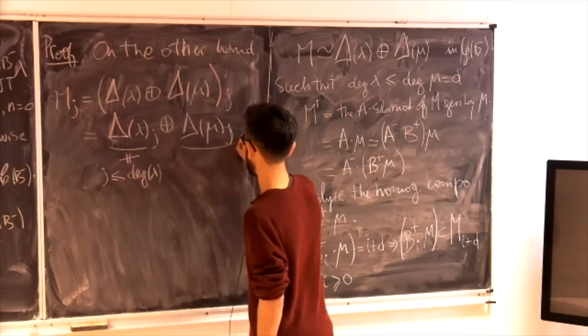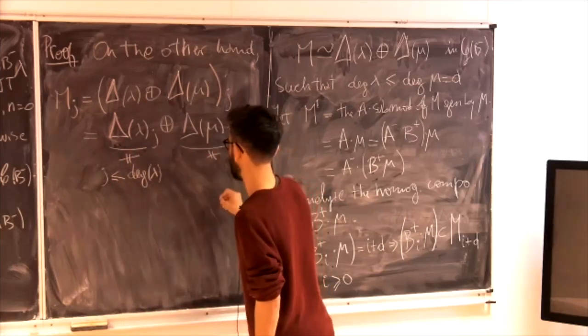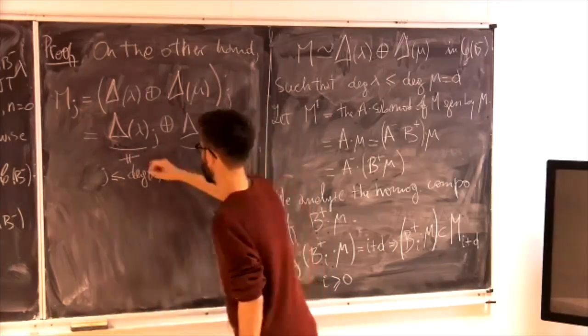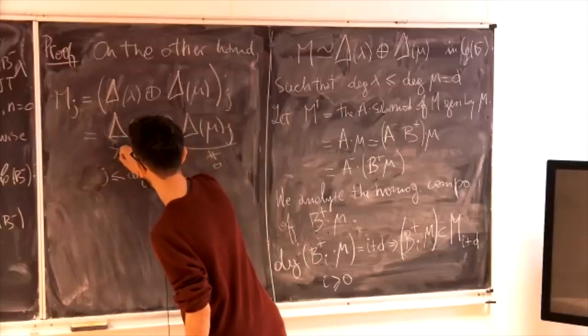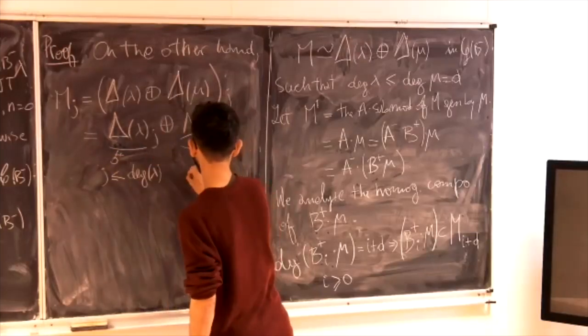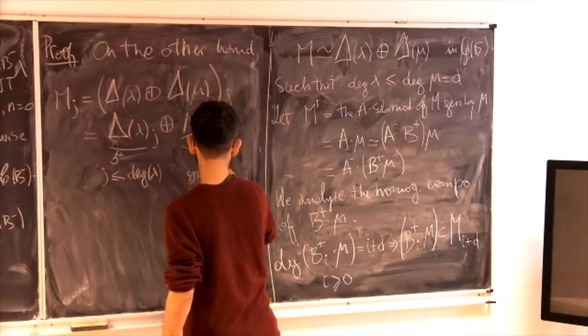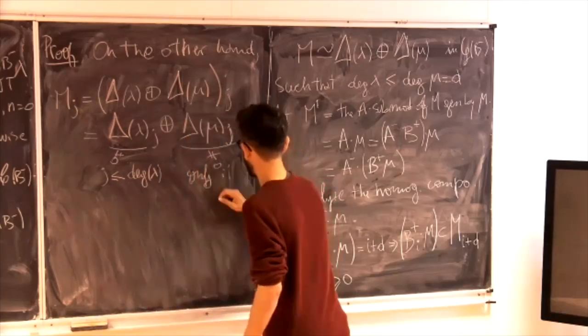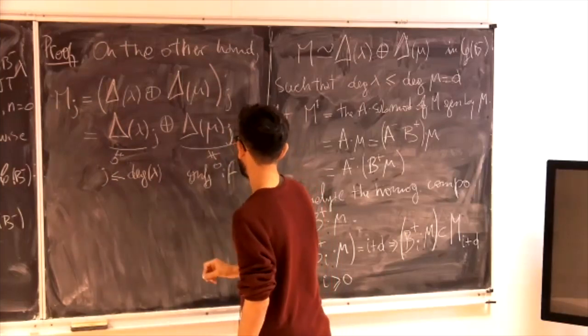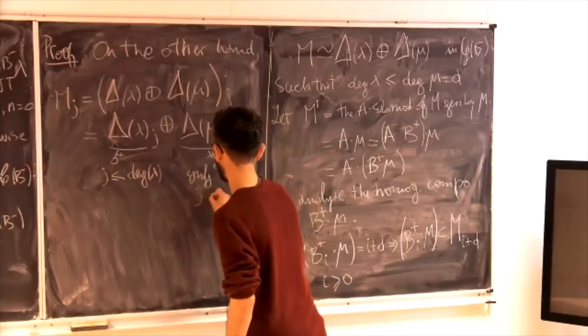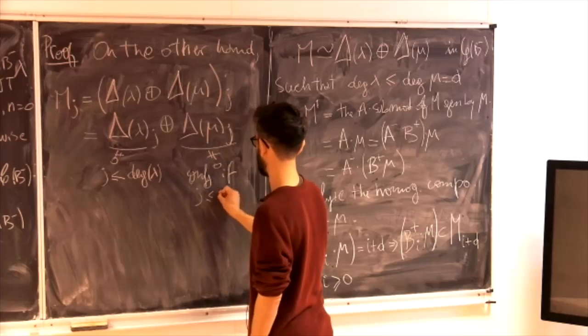And this is also different from 0 if and only if J is smaller or equal to the degree of mu.